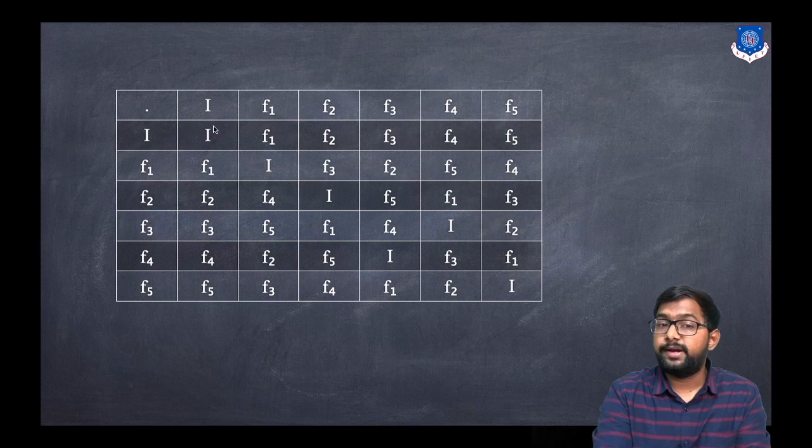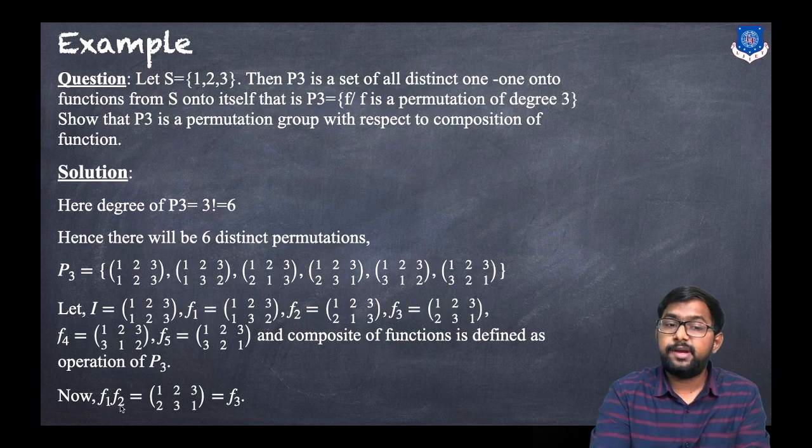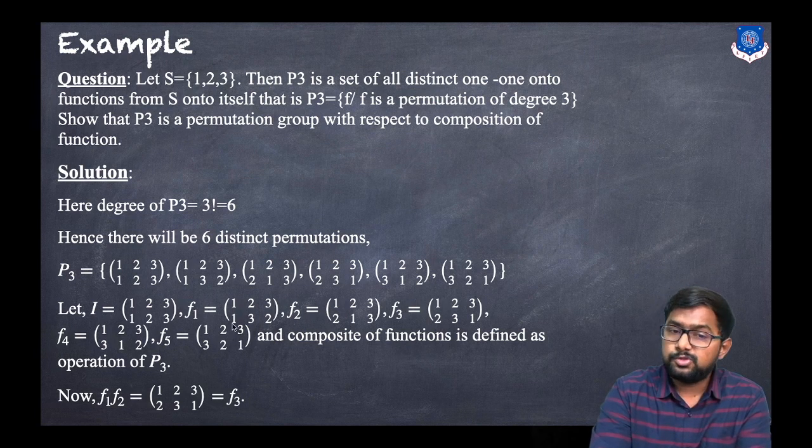Now how to write this? So I composition I, that is obvious. Now let us discuss F1 and F2. See, 1 goes to 1, and in F2, 1 goes to 2. So the final answer will be 1, 2, right? Now 2 goes to 3, and in F2, 3 goes to 3, so 2, 3.